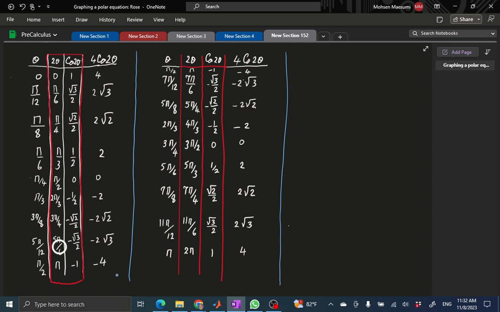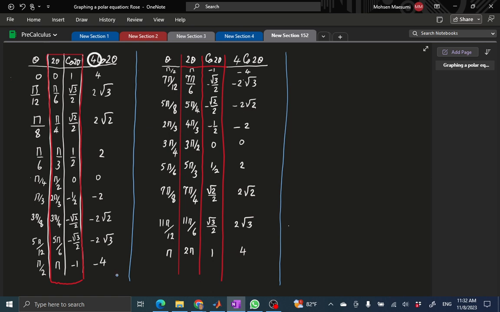If this is 5 pi 6, that's going to be 5 pi over 12, and so on. These angles are not readily available to us. They are not in our tables, but when we are using them, we are doubling them first, so they become the angle that we are familiar with, and then we have these values in our memory or calculator, and then we can use them.